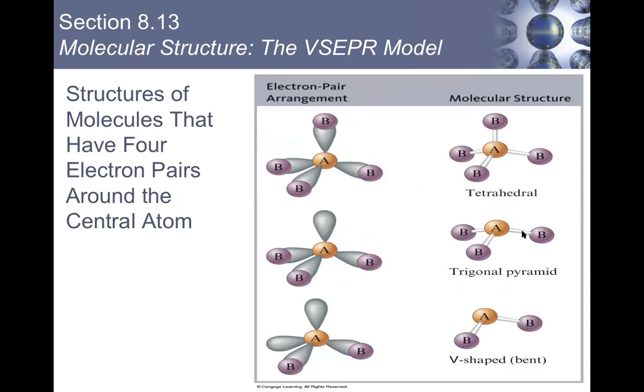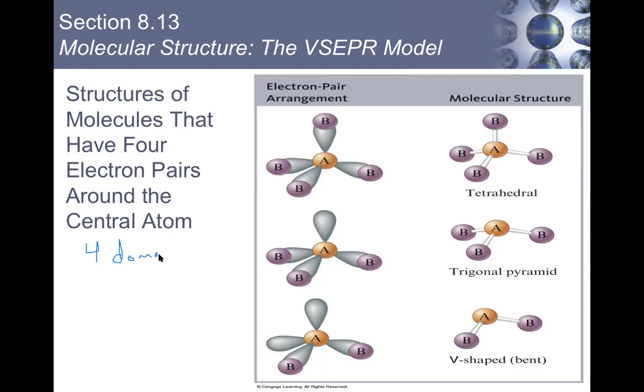If it's 3 single bonds and a lone pair, so if we take off 1 bond, we replace one domain. Sorry. So all of these are 4 domains. These are 4 domain molecules, and so you have these shapes available for 4 domain molecules.